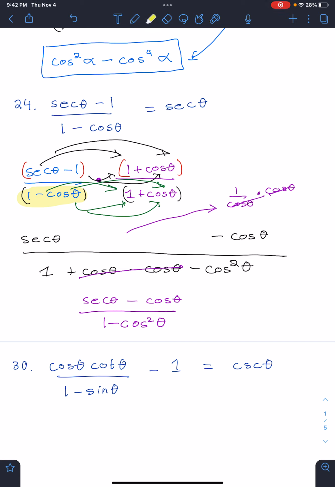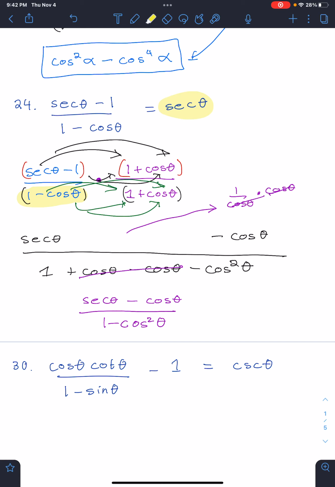So once again, our goal is to get secant of theta, and you're probably thinking, seems like we're far away from this. But I have faith. I think we're getting closer. So what do we do now? We have some options. We can either subtract secant theta minus cosine theta and rewrite secant theta as 1 over cosine.